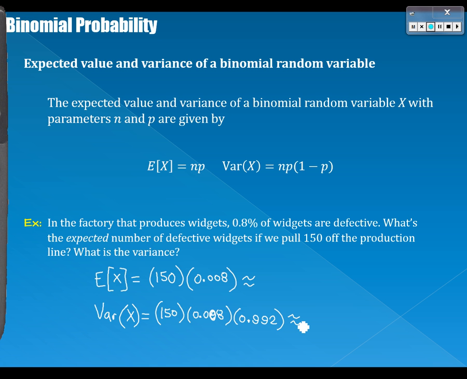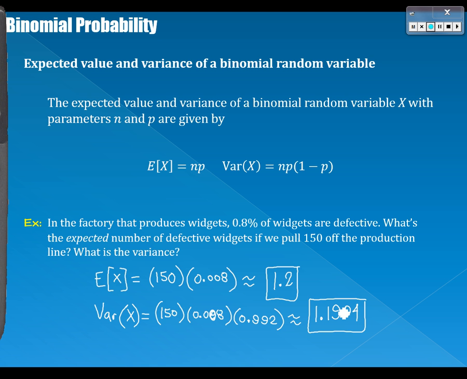And those two things are 1.2 and 1.1904.